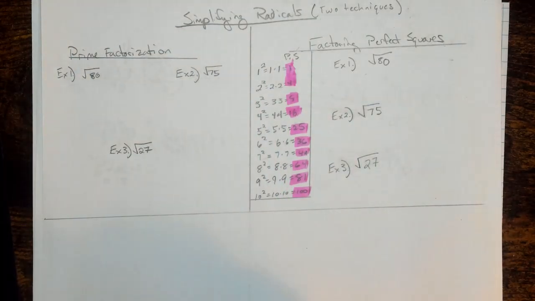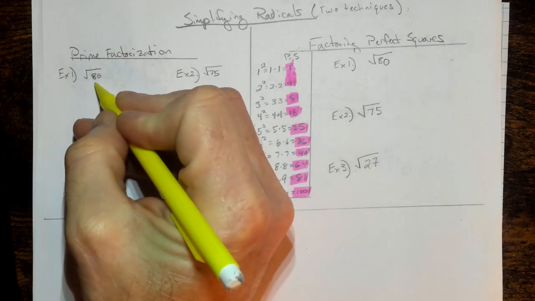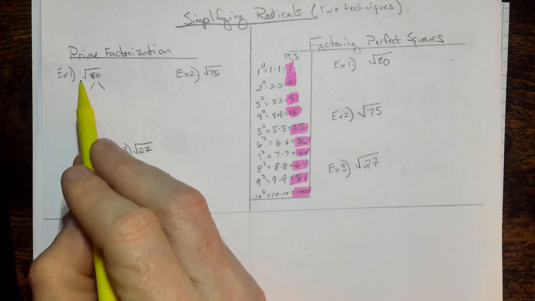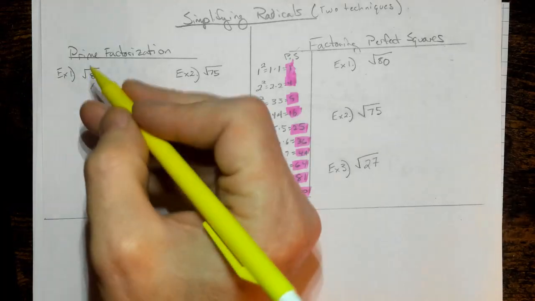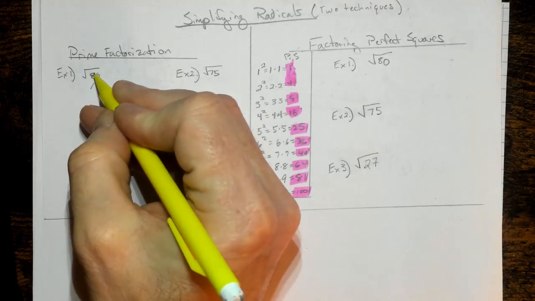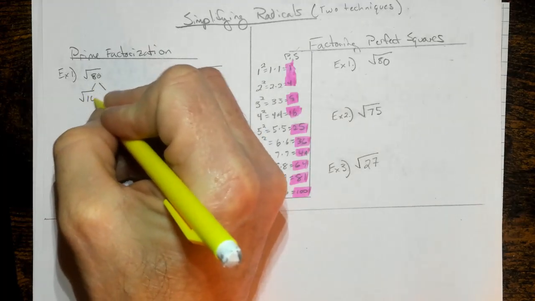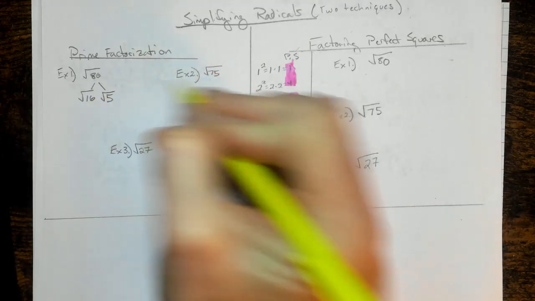From early grades, you'll remember you are factoring. Since we're looking for the square root, and there's no number there, I'm just going to factor what numbers go into this value. So let's look at the square root of 80. I have 16 times the square root of 5.